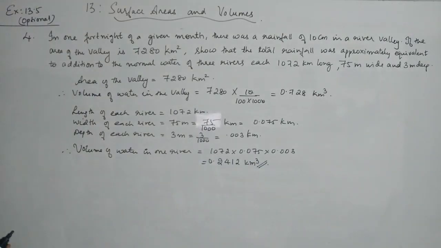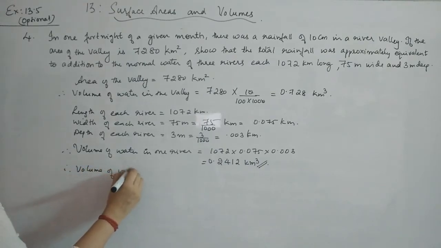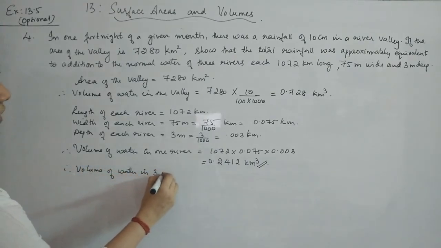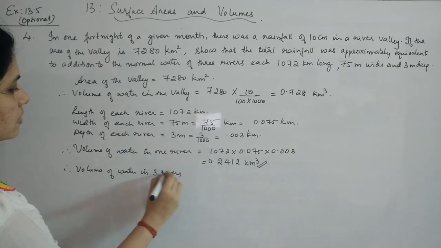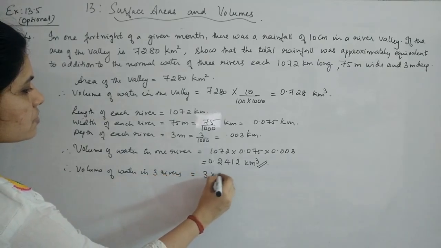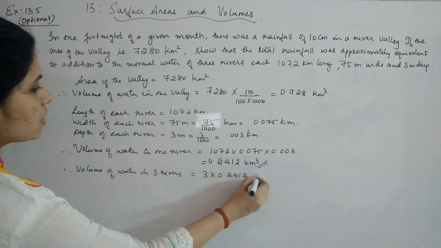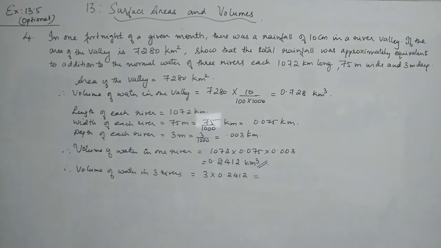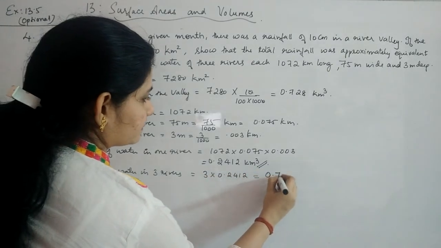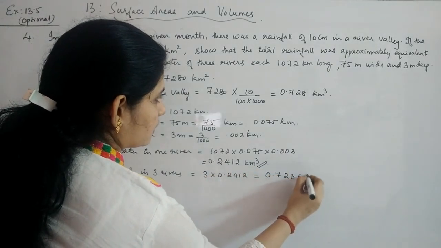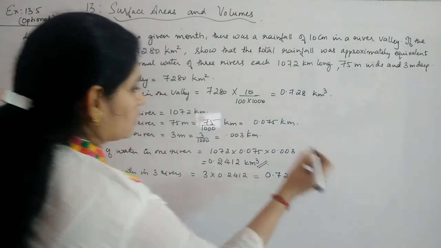Now what will be for 3? We have to multiply it with 3. Therefore volume of water in 3 rivers will be equal to 3 into 0.2412, which is 0.7236 kilometer cube.